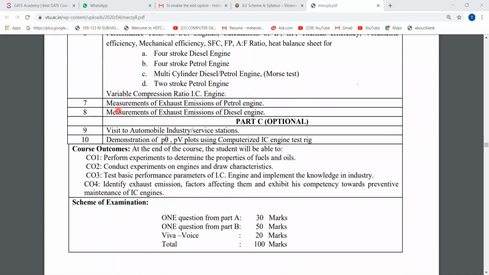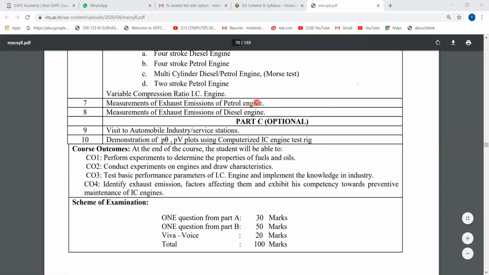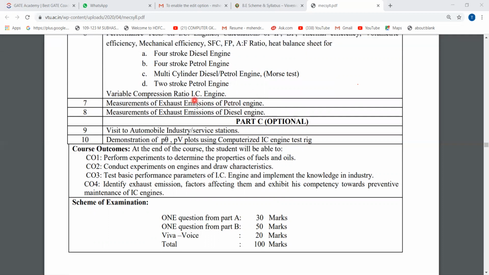The next important experiment is measurement of exhaust emission of petrol engine. In this experiment, we will conduct the performance test on the petrol engine, and after that, we will collect a sample of the exhaust emitted from the petrol engine and see the percentage of carbon dioxide, carbon monoxide, water vapor, and other contents in the exhaust gas sample.